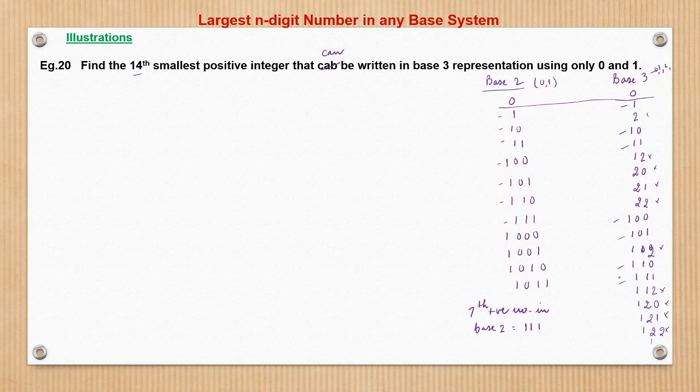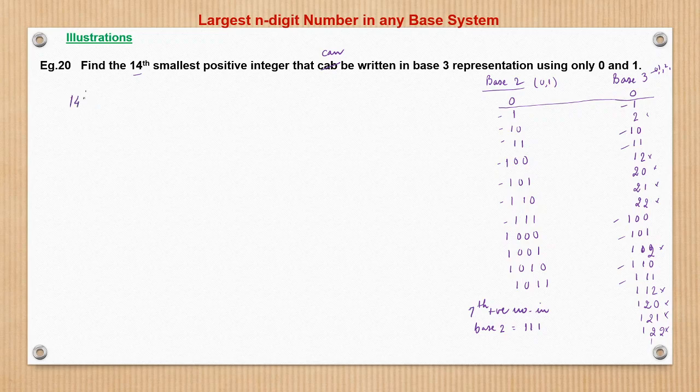Now instead of the 7th we will go further and find the 14th smallest number, right? So this 111 is the same as the 7th smallest number in base 2. So the 14th number in base 3 using only 0 and 1 will be the same as the 14th number.